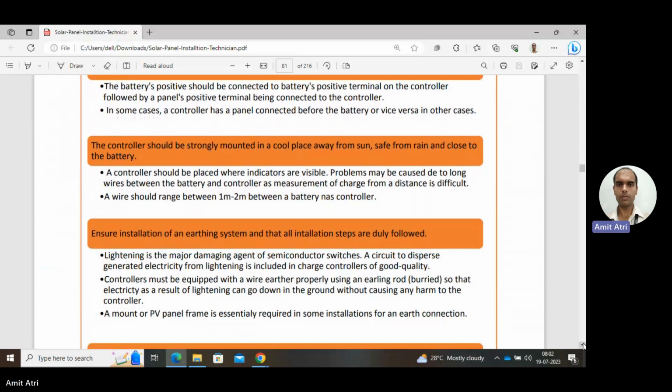The controller must be properly earthed using an earthing rod, and the earthing of the system should be properly checked, because it is needed to give an alternative path in case of lightning. It should not directly enter our system. If it is earthed, the extra charge introduced by the lightning will go to the earth. A mount or PV panel frame is essentially required in some installations for an earth connection.